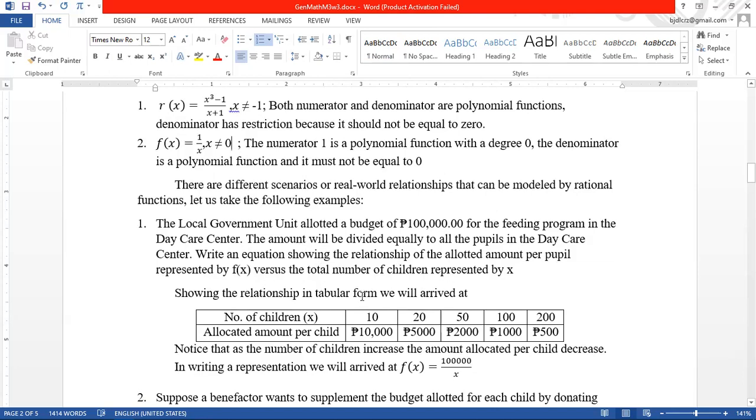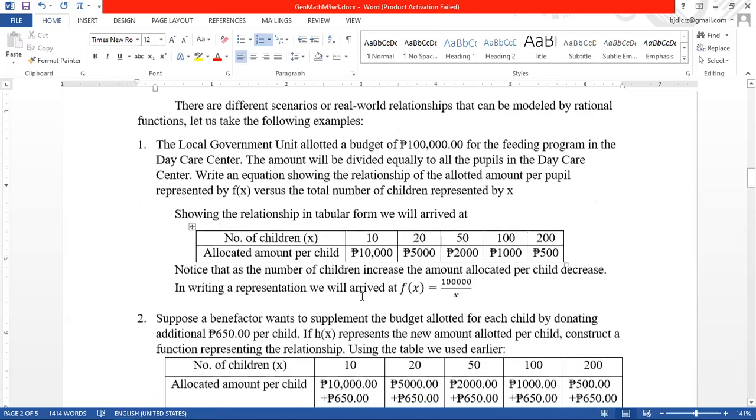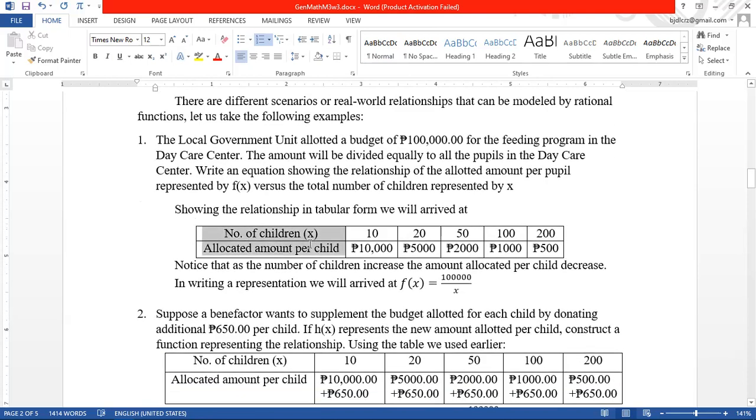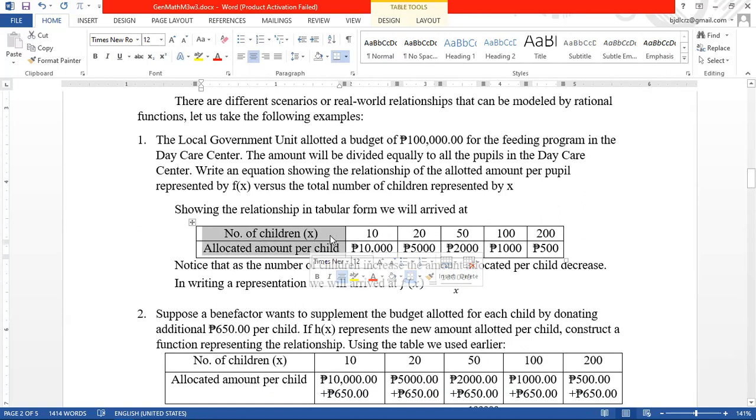Showing the relationship in tabular form, we will arrive at, okay, first row is the number of children denoted as x, and the second row is allotted for amount per child. Okay, if there are 10 children, so the allotted amount per child is pila ito? 100,000.